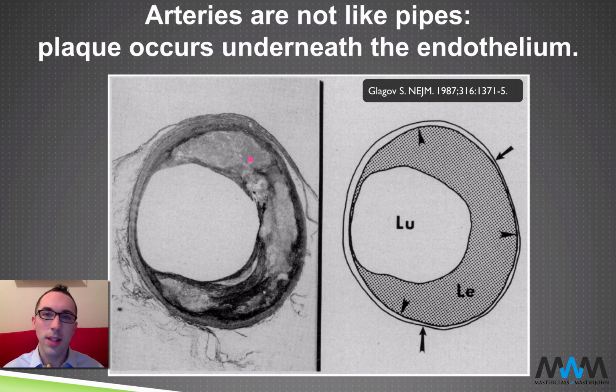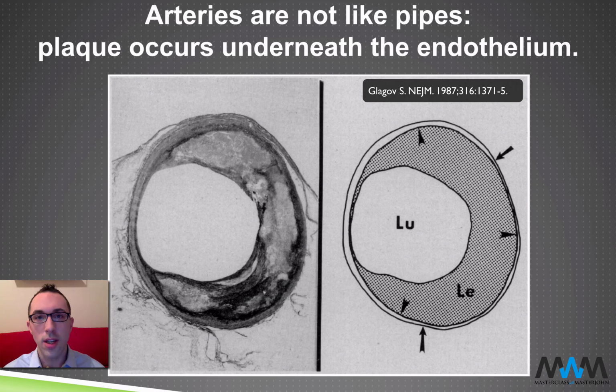That's more clearly demonstrated in the cartoon version of a plaque on the right. Here is the lumen where the blood would flow. This is the endothelium. And this is the tunica media and adventitia. The plaque is shown in the shaded area, and it is, again, in between the endothelium and the adventitia.